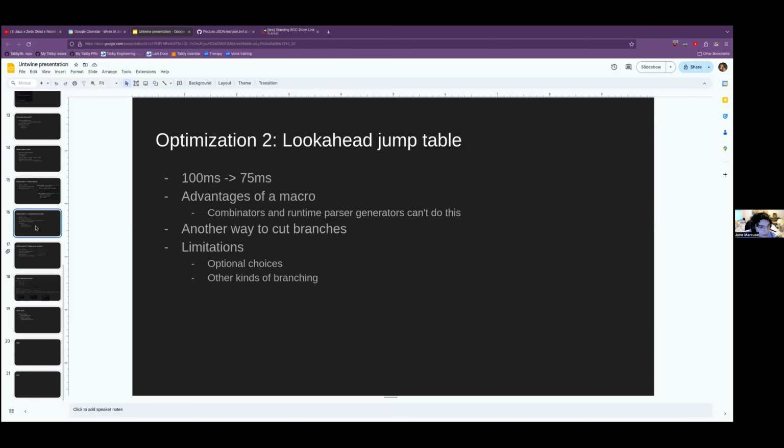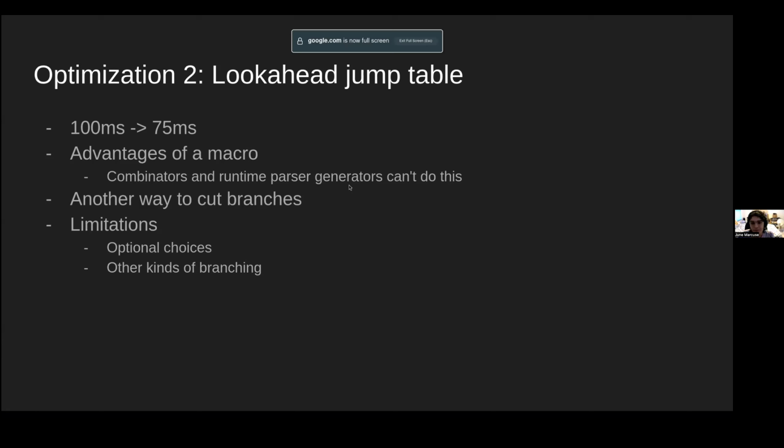And let me get back to that slide. So there are limitations to this optimization. One is that you can't always tell perfectly which characters correspond to which rules. You might have some overlap sometimes, in which case you might need to check multiple things.